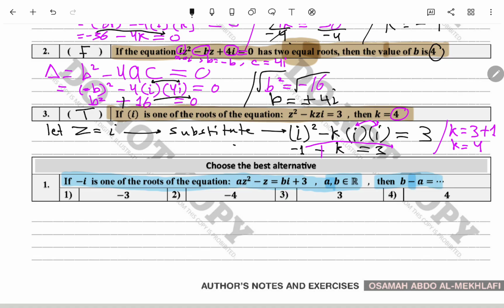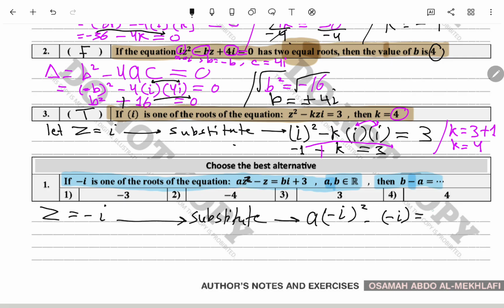Now we have the value of z1 given, which is negative i. I will replace it in the equation, substitute it by writing a, then bracket negative i to the power of 2, then minus negative i, all from the left side, and the right side including bi plus 3.